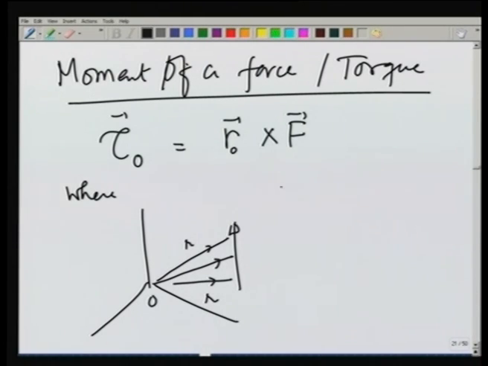If there are many forces, then the total torque is going to be equal to the sum of all these torques, which is going to be summation R_iO cross F_i.